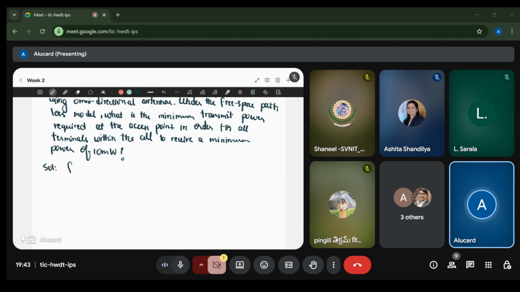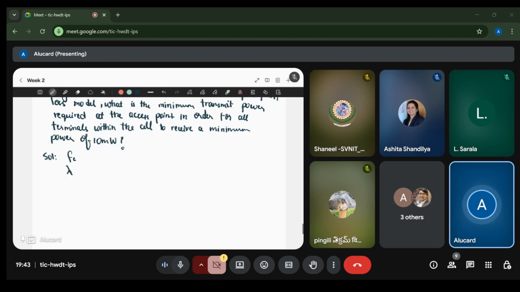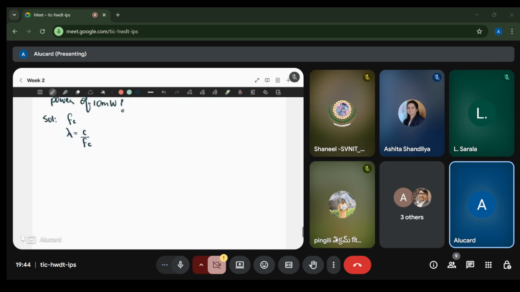Okay, they've given you Fc. You can find lambda, C over Fc. Then you know from class that P received is P transmitted by (4 pi d over lambda) squared, which is PT by path loss. So PT is path loss into P received.